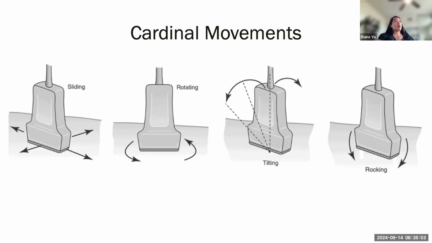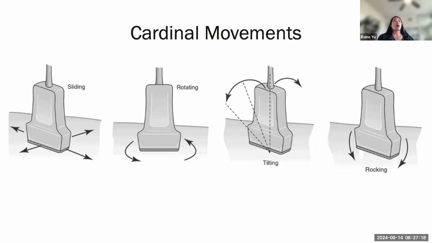When we talk about moving the probe, there are some cardinal movements. Sliding or translating is just moving within a 2D plane, rotation is clockwise or counterclockwise. Tilting, otherwise called fanning sometimes, because you're moving the probe the way that you would move a fan to fan yourself.